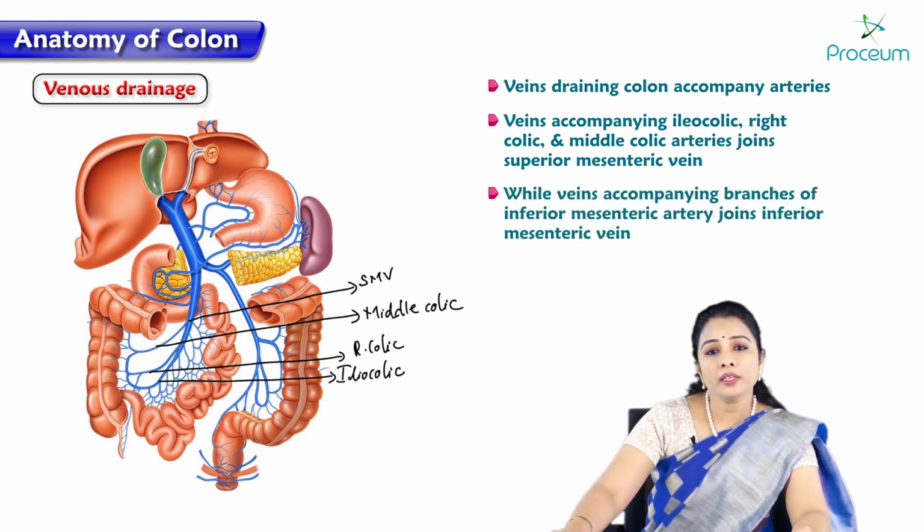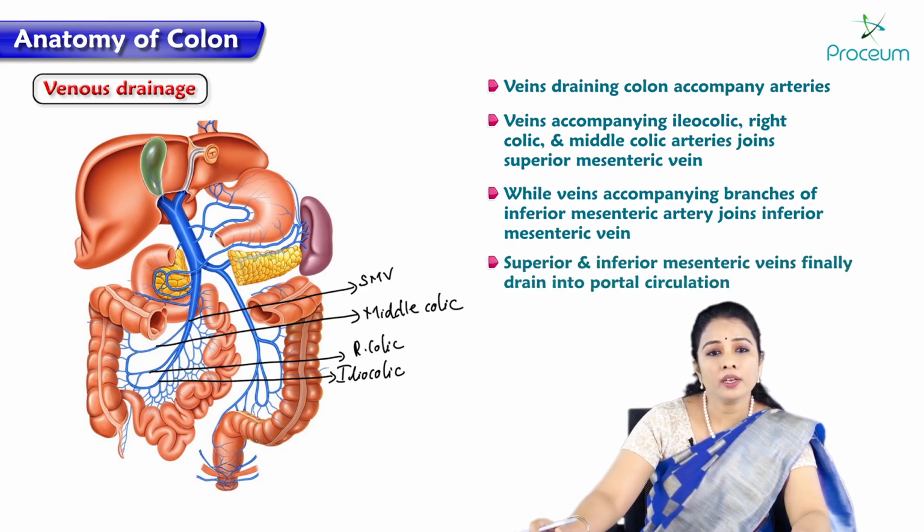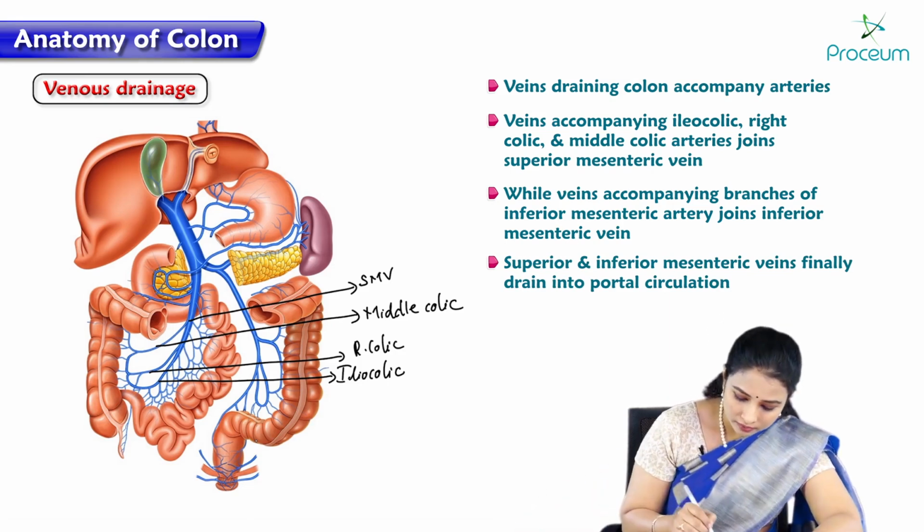The veins accompanying the branches of the inferior mesenteric artery join to form the inferior mesenteric vein. The superior and inferior mesenteric veins finally drain into the portal circulation.